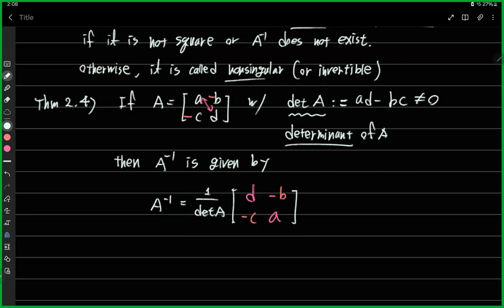It's a formula, so you had better memorize it; it's sometimes useful: D, minus B, minus C, and A. For 3 by 3 matrices there is also a formula, but I'm not going to cover that. You can just Google it.